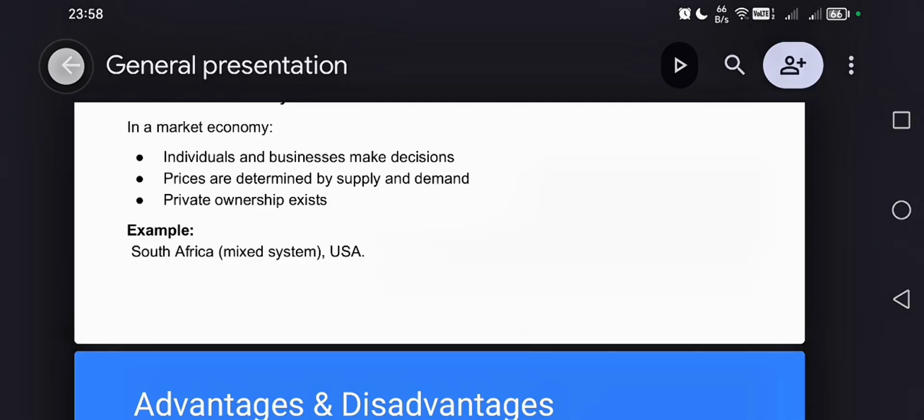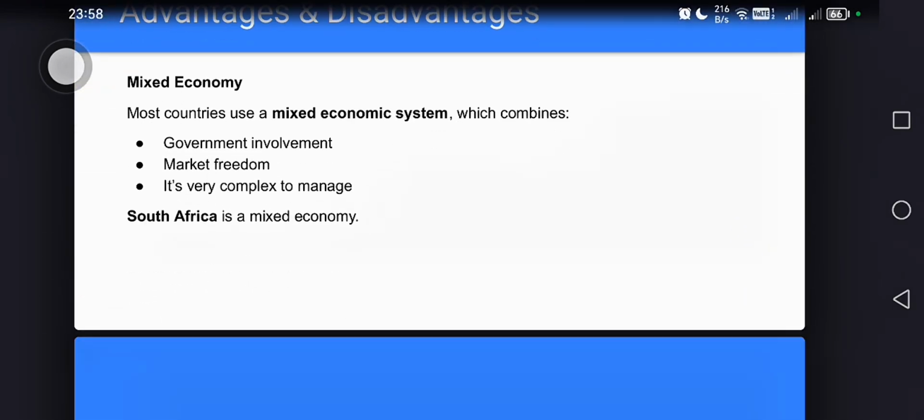Okay, so under the mixed economy, most countries use a mixed economic system which combines government involvement and private sector involvement, so that there is a balance between the two.